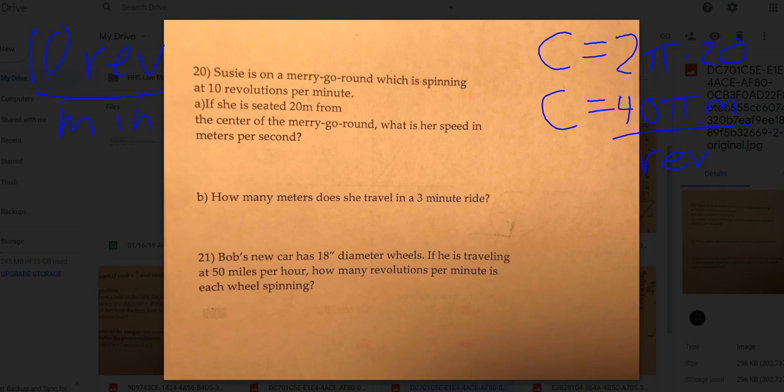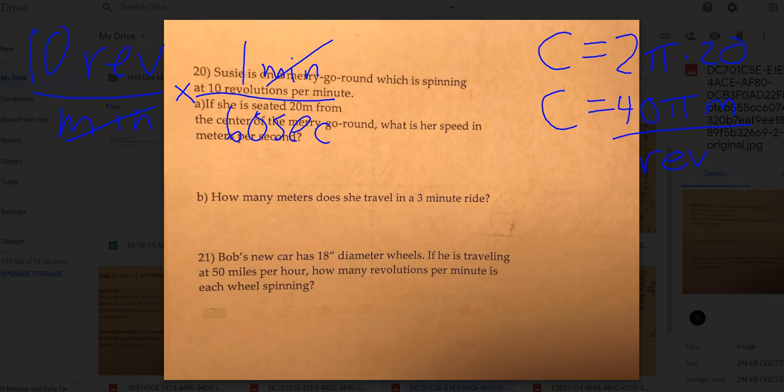Okay? So we want to do the stuff we did in chemistry to convert this from revolutions per minute to meters per second. So for instance, 1 minute is 60 seconds, so that would get rid of my minute units. Now I've got revolutions on the top, seconds on the bottom.